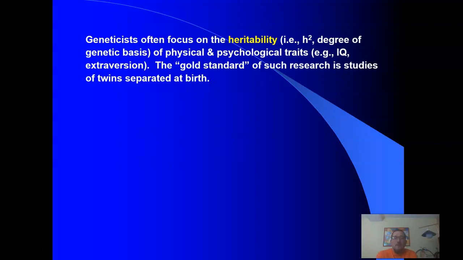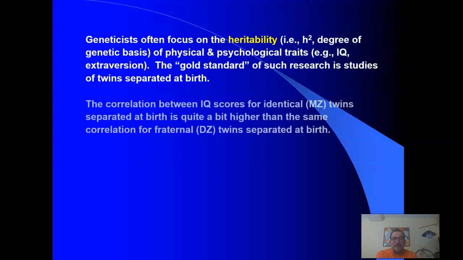So if two people who share virtually all their genes but don't share their environment look very much alike, they have similar heights, they have similar IQ scores, they have similar levels of conscientiousness, for example, most geneticists draw the conclusion that that shows pretty clearly that that particular trait, whatever it is, it could be liking for chocolate, if that's what you care to measure, they would conclude that that particular trait is very highly heritable or very strongly inherited.